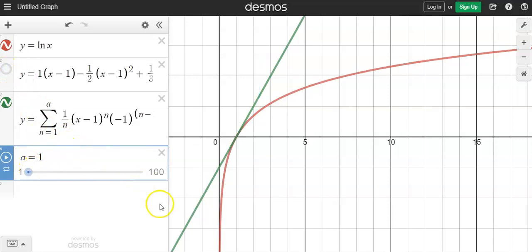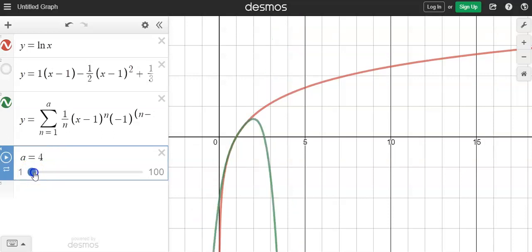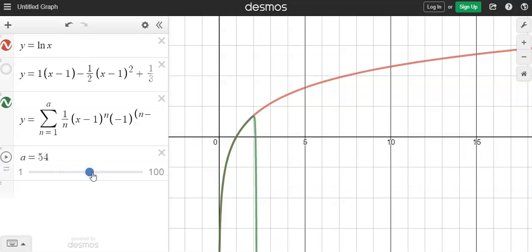In green, we should see, first of all, y equals 1x shifted 1 unit to the right, and then the quadratic, and then the cubic, and then the quartic, and then more. Let it catch up. Now remember, once you get to higher values, it starts to get more difficult.